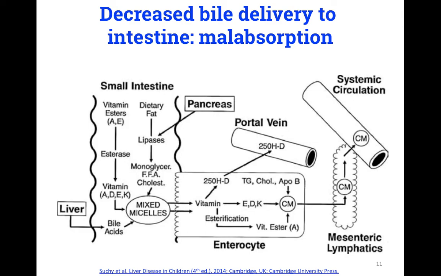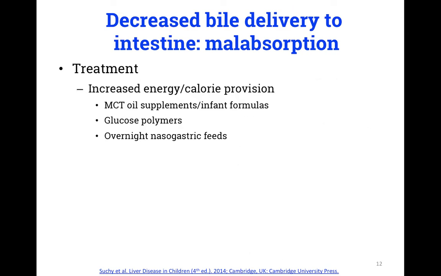And all of these nutritional deficiencies, of course, are occurring just from the underlying cholestasis, and this does not even account for the other issues that can result from the underlying disease itself, which can increase energy requirements and malabsorption through other mechanisms. So how do we manage this?